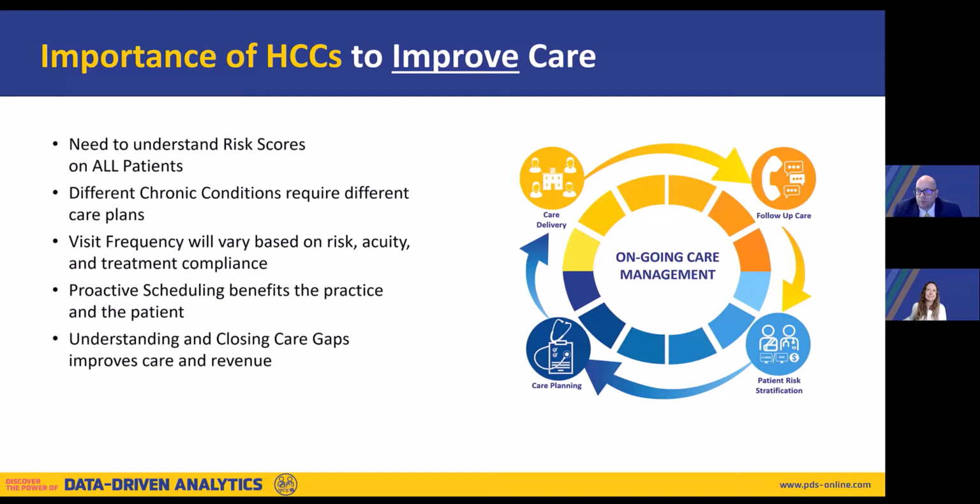And it becomes a cyclical process where you may be in with them in a wellness visit or in follow-up care, and then another condition identifies itself. That new condition is going to require additional risk stratification. It may require new care planning, more follow-up care, maybe specialty care comes into play. And that needs to go back to the delivery team, which is going to make sure that we're treating these patients appropriately, receiving the appropriate follow-up care, and the cycle repeats itself.